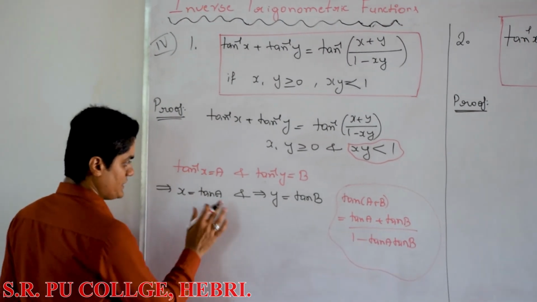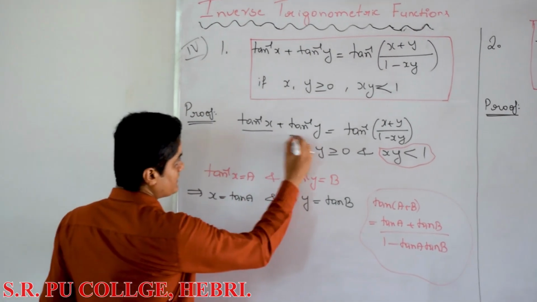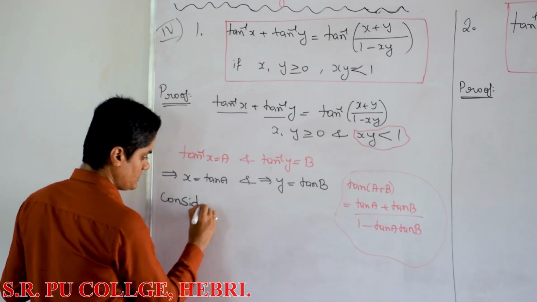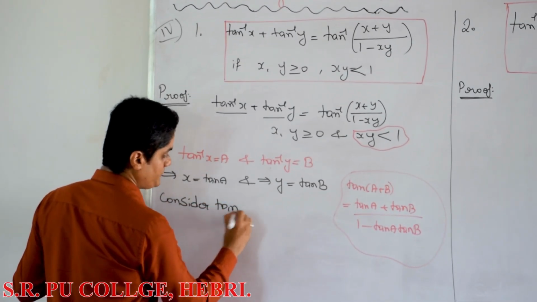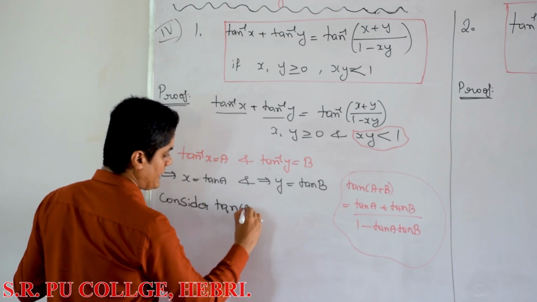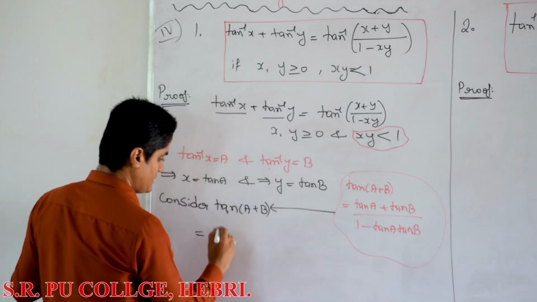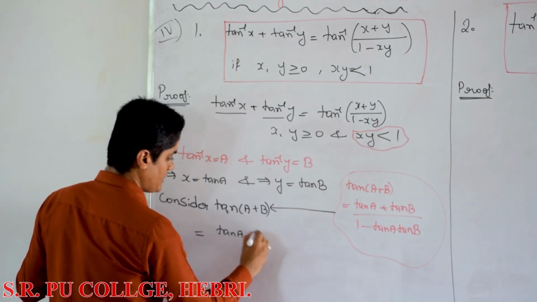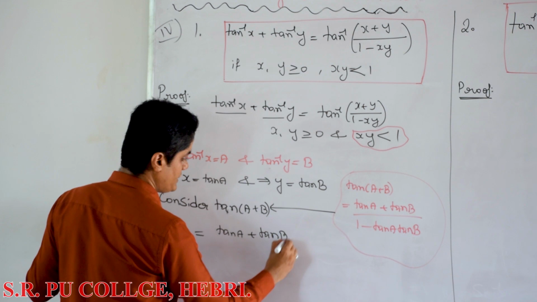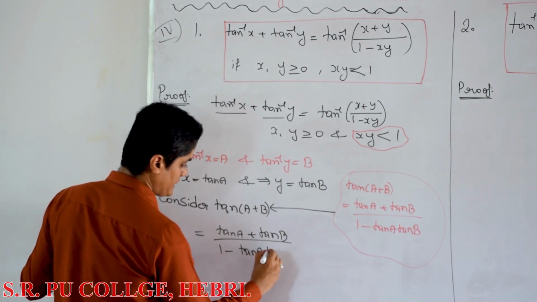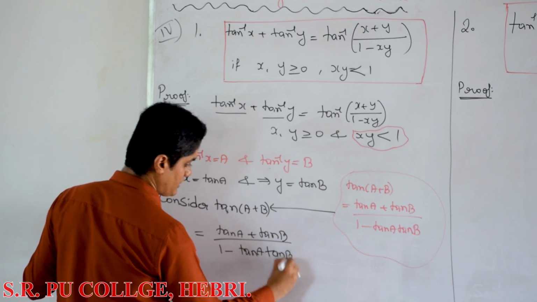See, as follows. Now I took this first one as a, this one as b. So now consider tan of (a plus b). What is tan of (a plus b) according to this? It is (tan a plus tan b) by (1 minus tan a into tan b).